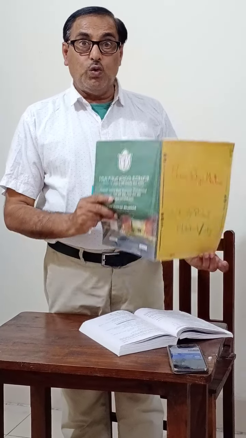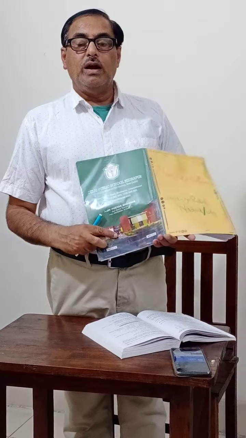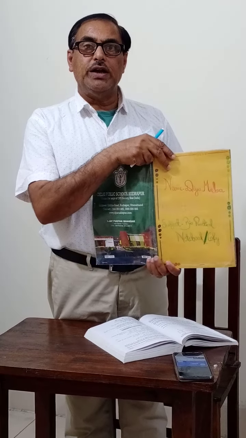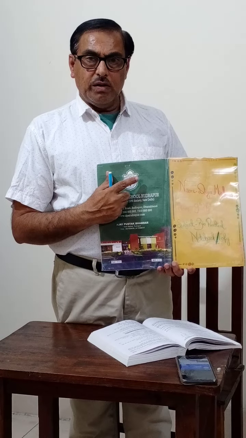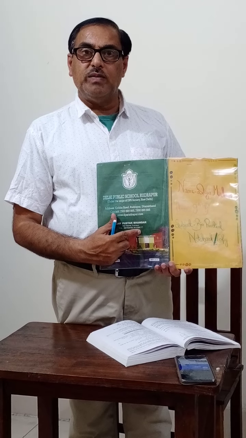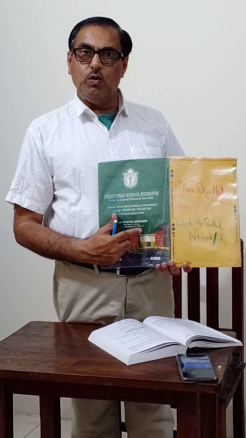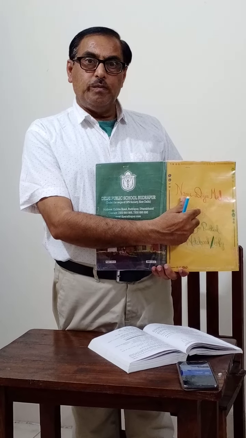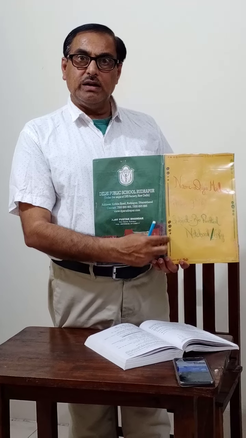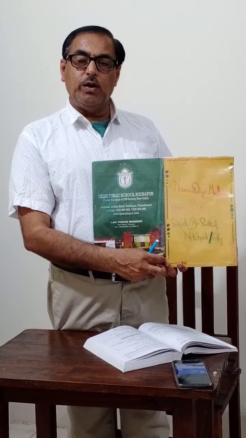So we will show this problem as follows. Since the equation of the straight line is given in the unsymmetrical form, it means two planes are given, a1x plus b1y plus c1z plus d1 is equal to 0 and a2x plus b2y plus c2z plus d2 is equal to 0, and the line of intersection of these two planes we have to find out in the symmetrical form.